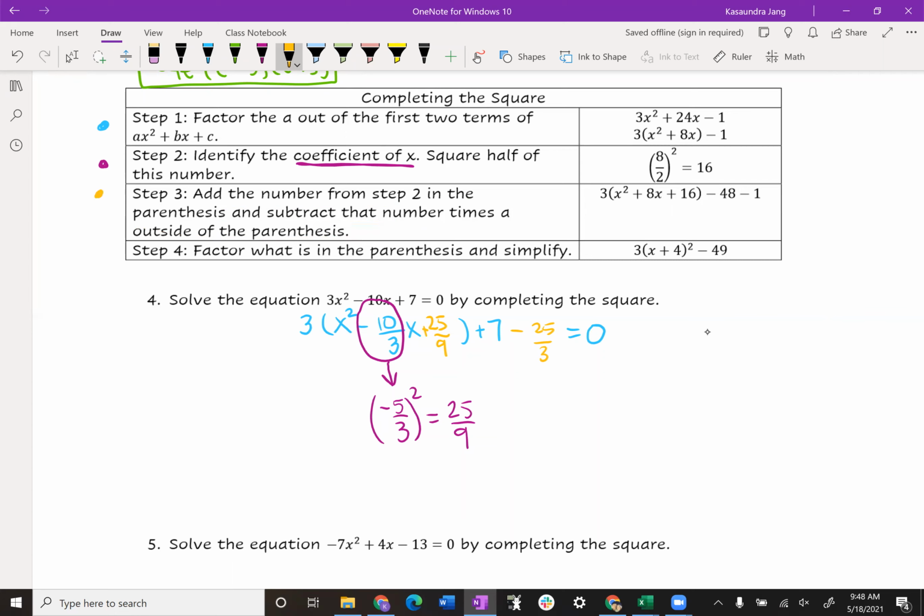And the last step, factor what is in the parentheses and simplify. If I factor the stuff in my parentheses, what multiplies to 25 over 9 and adds up to negative 10/3?